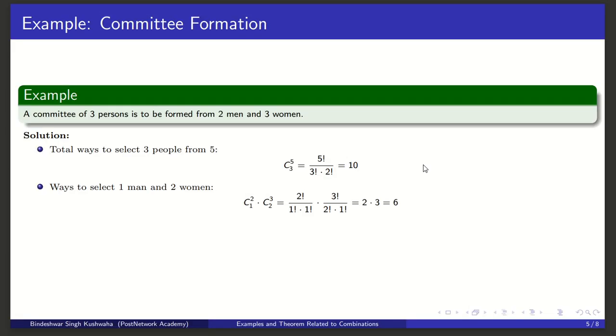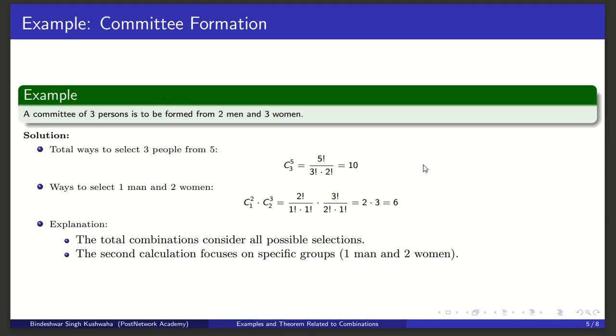And the ways to select 1 man and 2 women would be 2C1 into 3C2, which is 2 into 3, and that would be 6. Now the total combinations consider all possible selections, and the second calculation focuses on a specific group, 1 man and 2 women, and this also uses the counting principle.